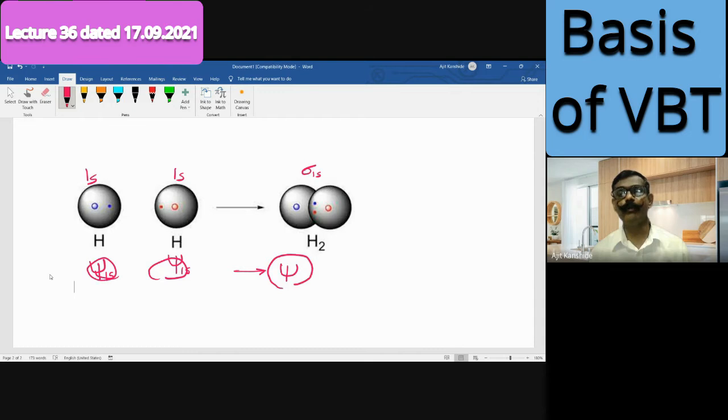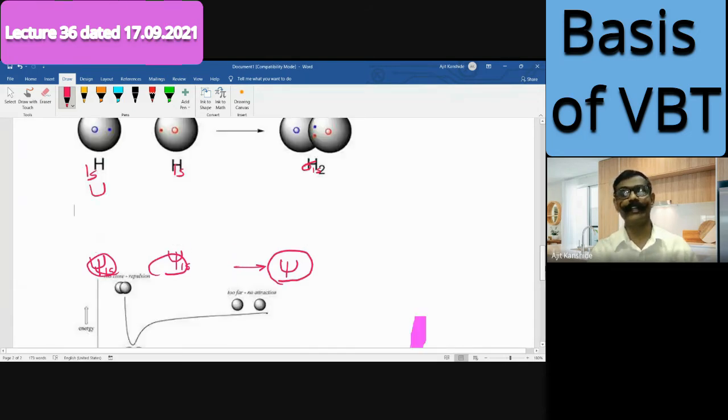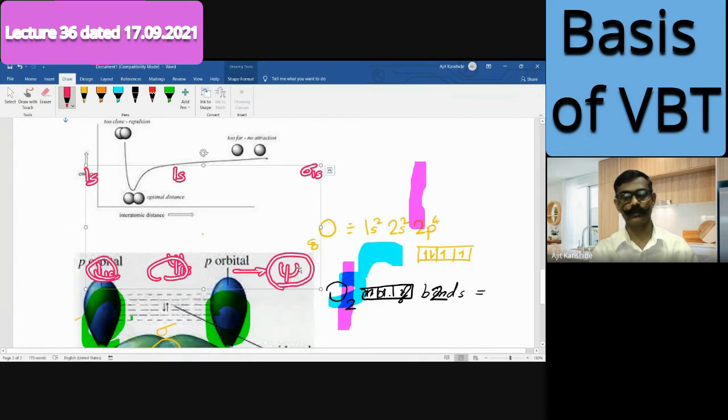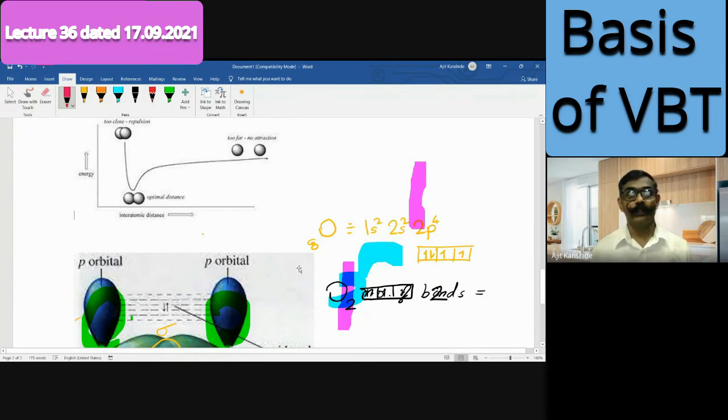When the resultant psi wave function was solved mathematically using the Schrodinger equation, it was found that the energy at the beginning decreases up to a particular limit, and then it increases. What I am bringing to your notice is the energetics during the formation of the hydrogen molecule.